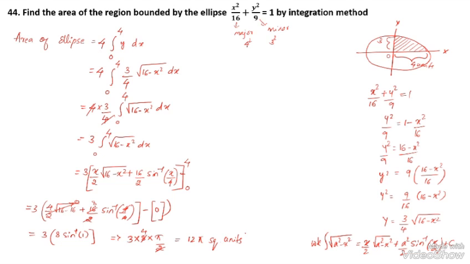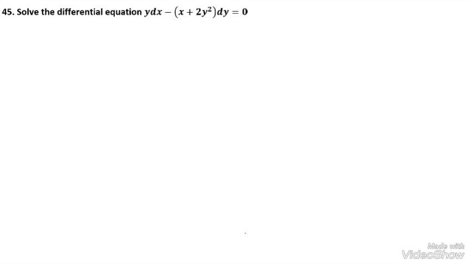Now let's move on to question number 45. Solve the differential equation y into dx minus x plus 2y square dy is equals to 0. Okay, let's consider the differential equation, that is y into dx minus x plus 2y square dy is equals to 0.